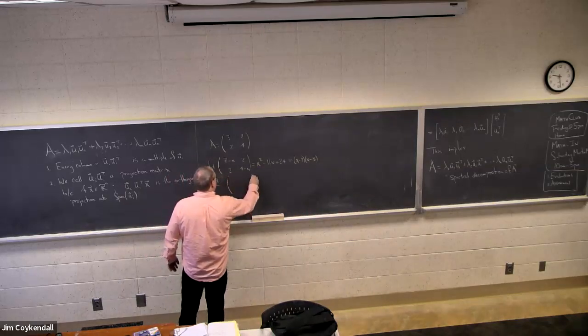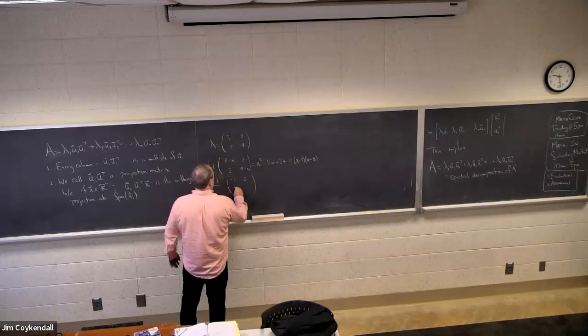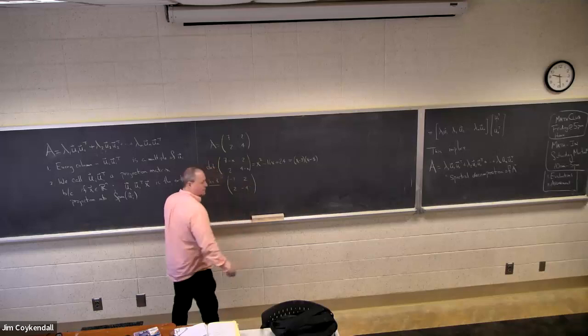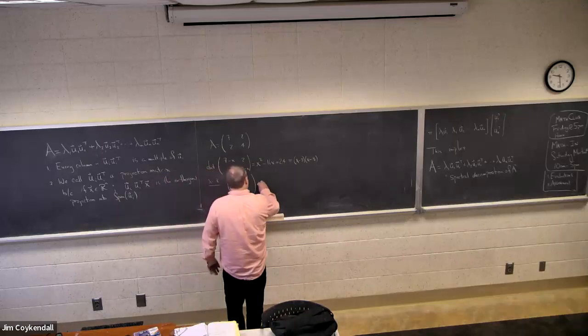If I subtract 8 from the diagonal, I get -1, 2, 2, -4. Notice this row is a multiple of this row, as it should be. Right, so I'm feeling pretty good about that.